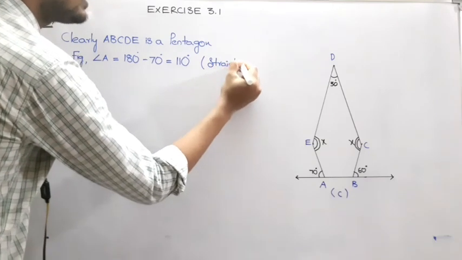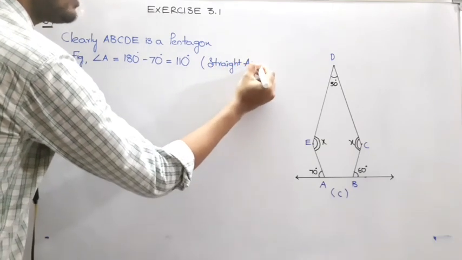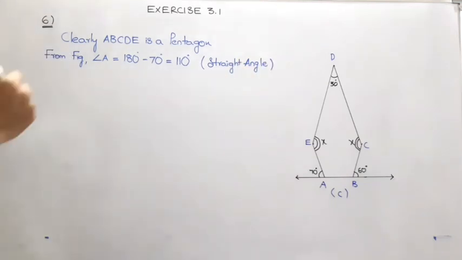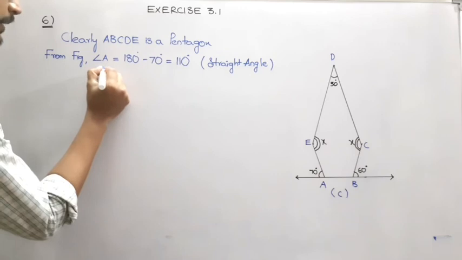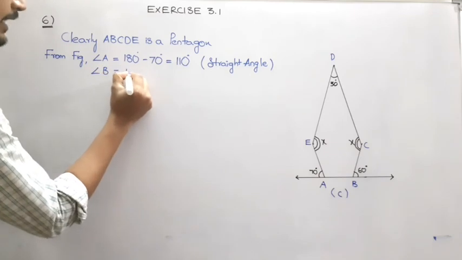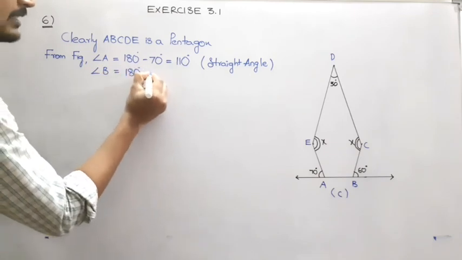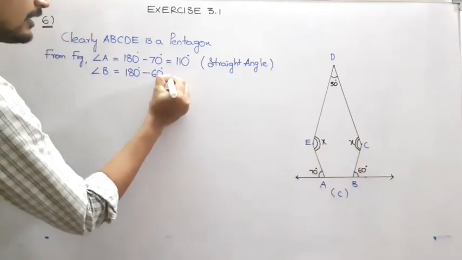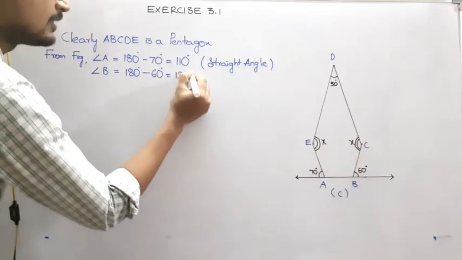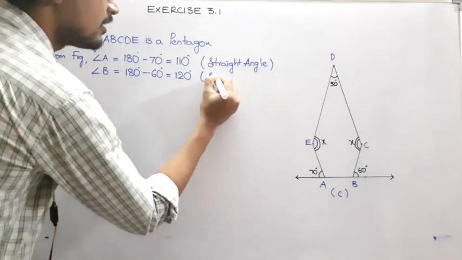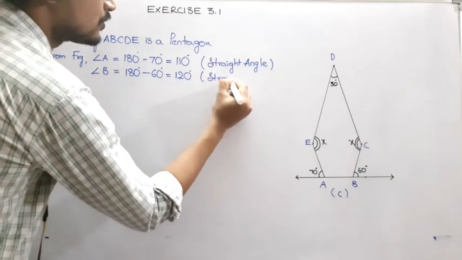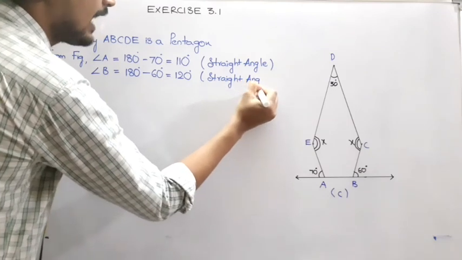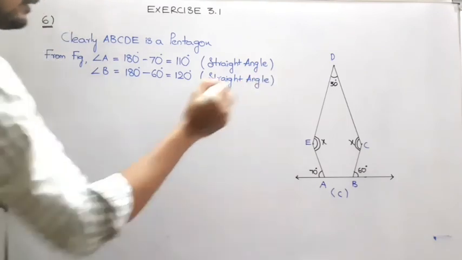Using the straight angle property, we found the value of angle A as 110 degrees, and similarly angle B is equal to 180 degrees minus 60 degrees, the exterior angle, which is 120 degrees, using the same principle, the straight angle. So using the principle of straight angle, we found the interior angles A and B.